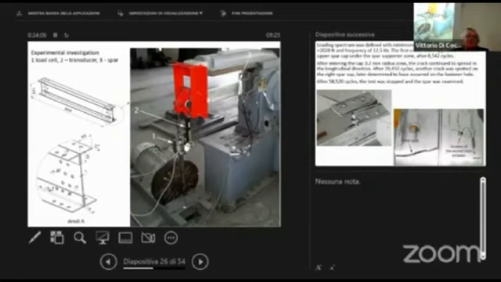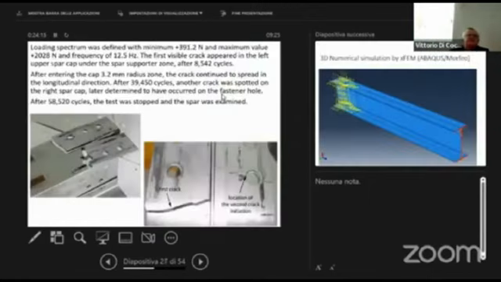Here is our spar, and the results were quite interesting and realistic. You can see here the spar after 58,000 cycles. The first crack appeared here, it went this way and then this way. Also, at a certain point, there was an additional second crack in this part of the spar.